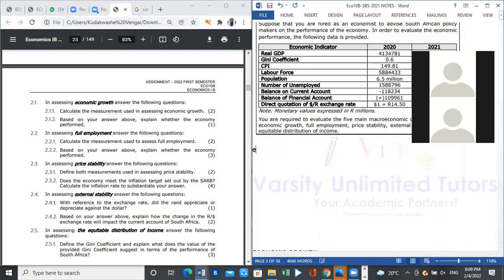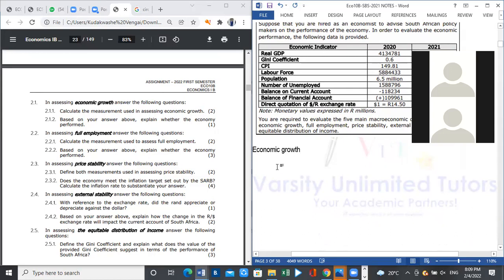All right, so they want us to answer questions regarding economic growth. We defined economic growth earlier on, and we looked at how it can be measured, the metric of the difference between 2 GDPs. And it says: calculate the measurement used in assessing economic growth.